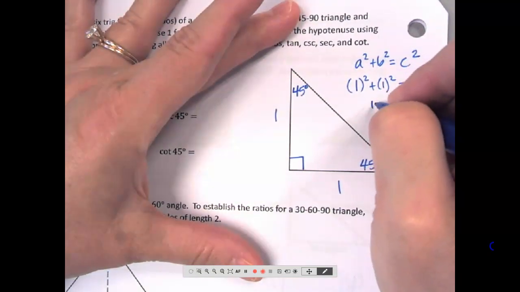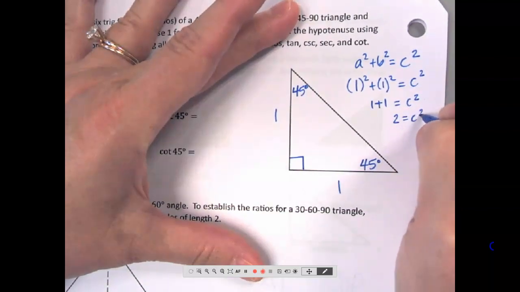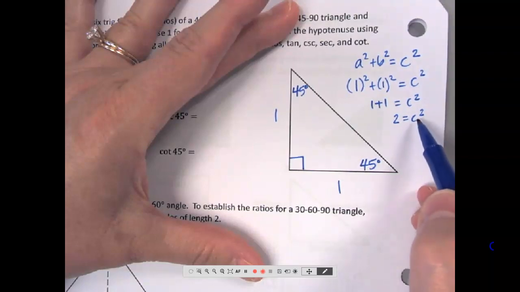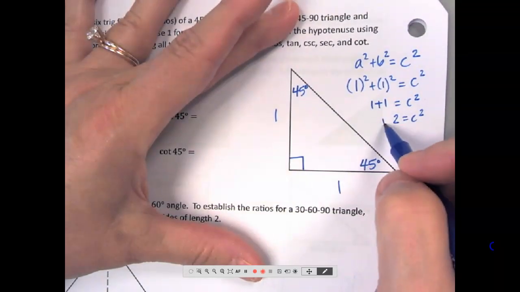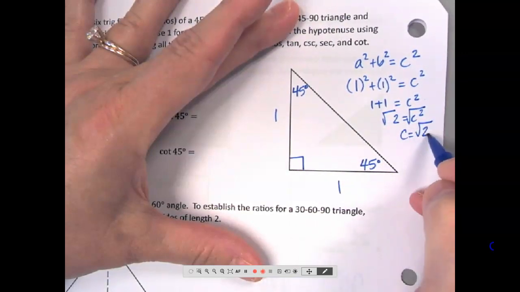Well, that's 1 plus 1, which is 2. So what is c? What would I do to get rid of that square? Square root. So c is the square root of 2.